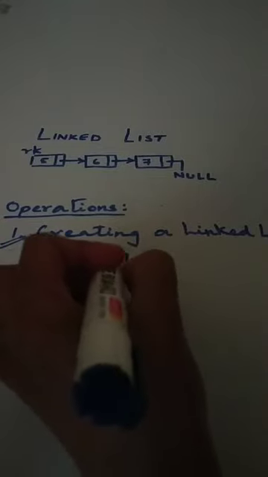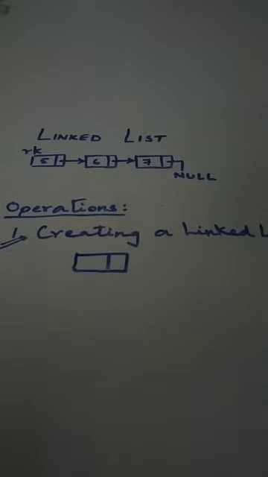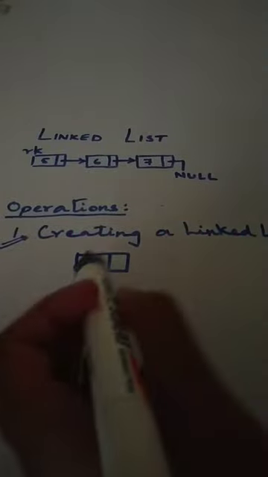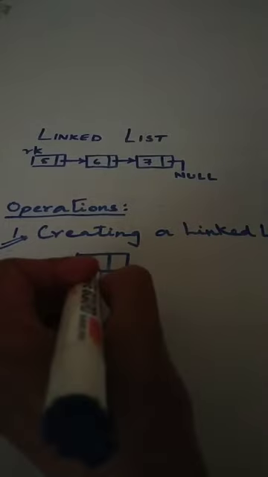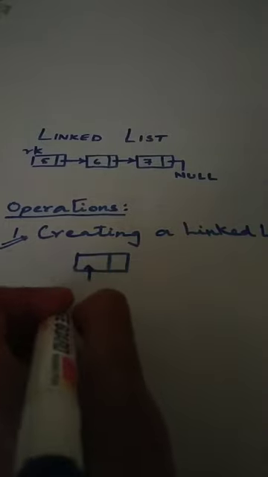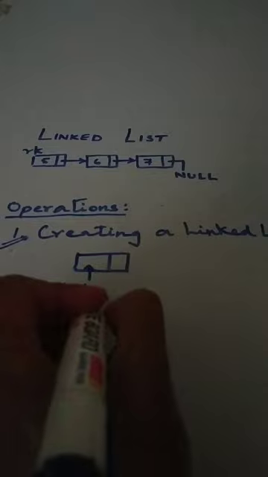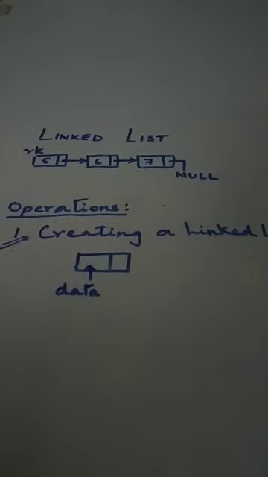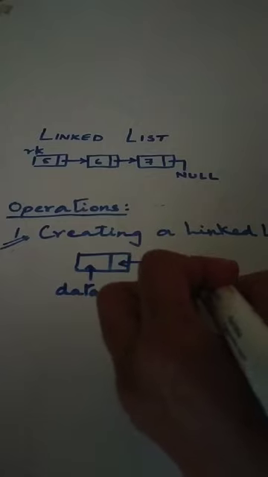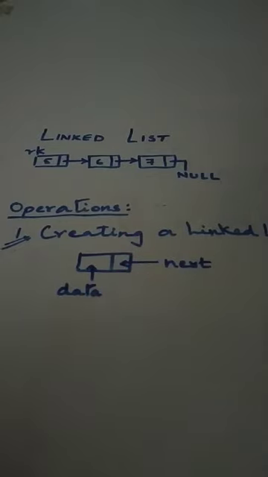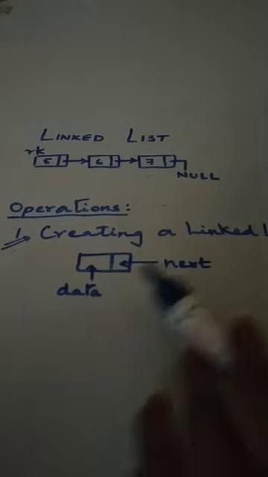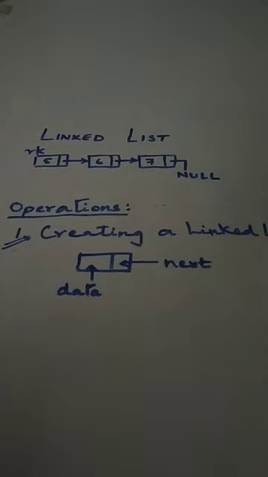To create a list, we need to create nodes, because a list is nothing but a collection of nodes. So how do I create this node? This node has data or info, whatever you may call it, and then it has a pointer to the next node. So these are the 2 elements of a node, data and next. So I'm going to create a node.